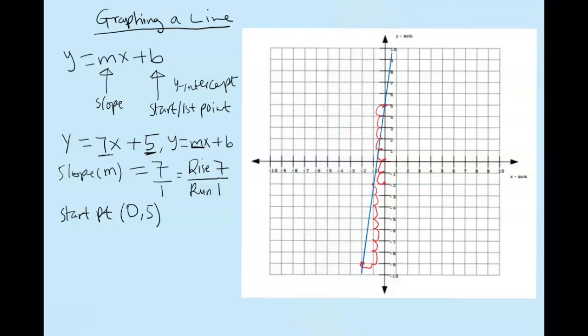So right now we are able to graph this line y is equal to 7x plus 5 with the help of y is equal to mx plus b, and the rise over run and our y-intercept idea.